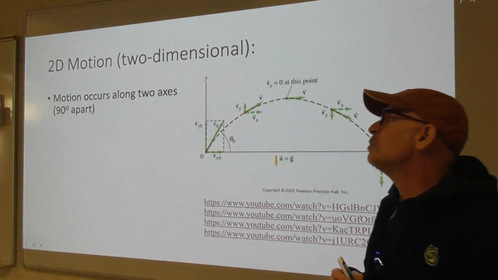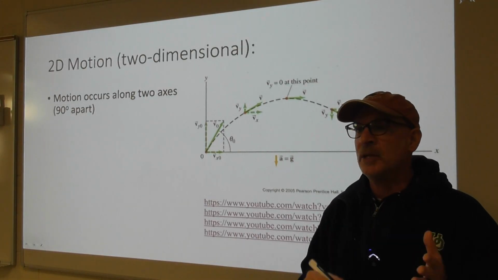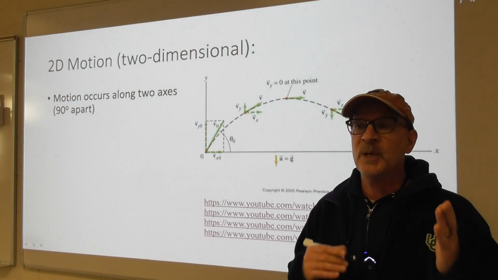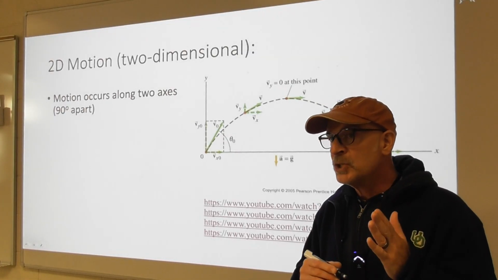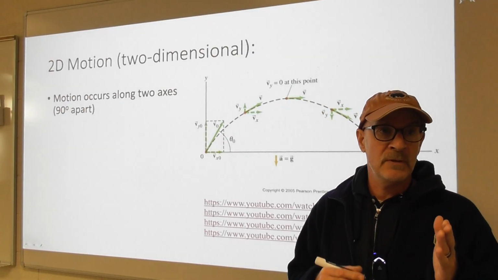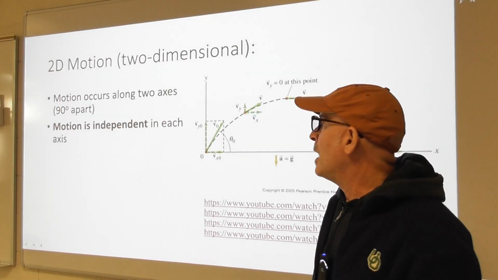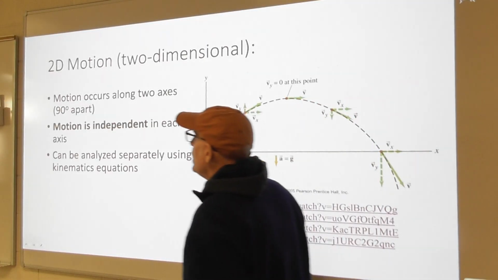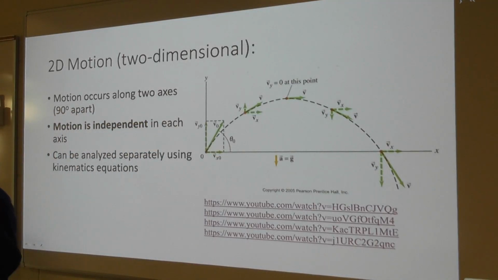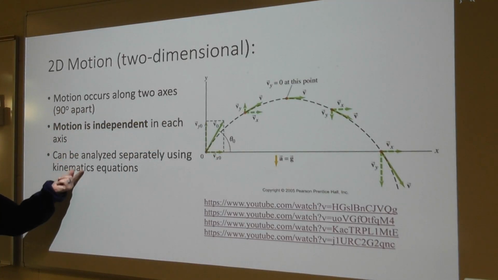We always want the axes of interest to be at 90-degree angles, because when our motion is at 90-degree angles on 2 different axes, then it is independent. And what that means is that we can use our kinematics equations to deal with the motion completely separately.